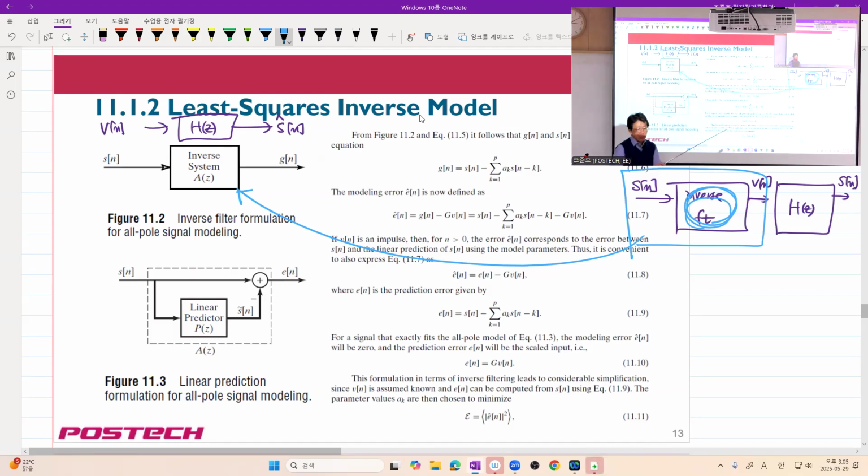An interesting thing is this one. In a speech signal, as you have seen, let's say that the 2 plus something equals blah, blah, blah. And here when the person pronounces 2, we have a vowel here, right? And when we make a sound of a vowel, we use our vocal cord.